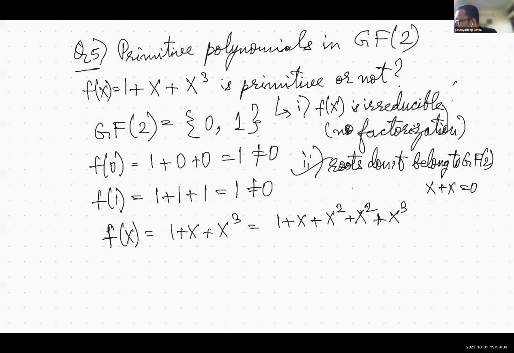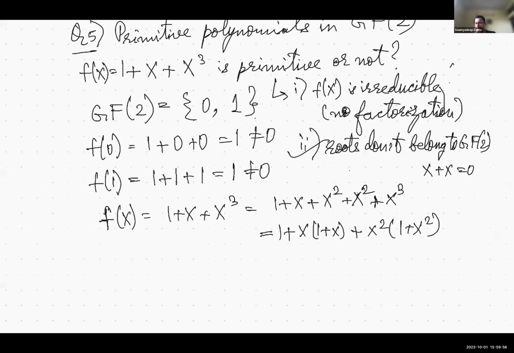Because 1 plus x times 1 plus x plus x squared times 1 plus x squared. Sorry, it's x squared times 1 plus x. So this is the factorization that you get. So it is 1 plus x times x plus x square.